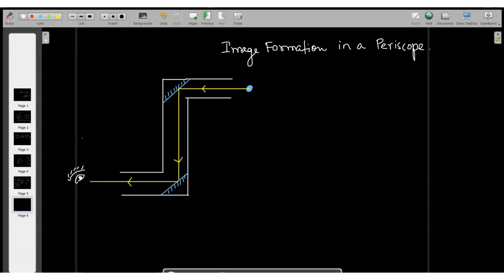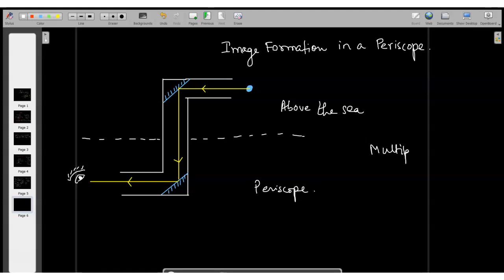You may be inside the submarine, under the sea. Still, you can see what is above the sea, whether it is an enemy or an obstruction, with the help of a periscope. So you see the same light is getting reflected multiple times. This is nothing but multiple reflection.